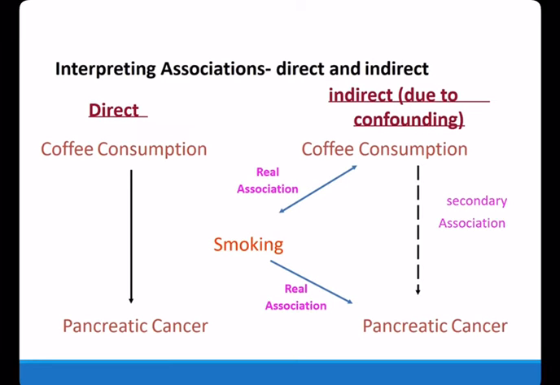In the indirect association assumption, coffee consumption is actually associated with smoking, and that association is real, while the association between smoking and pancreatic cancer is also real. But we also observe an association between coffee consumption and pancreatic cancer, and this association is indirect. We also call it a secondary association, through the association with smoking.